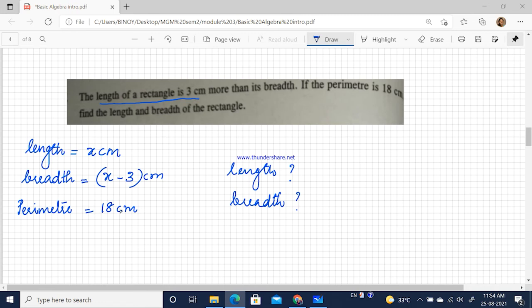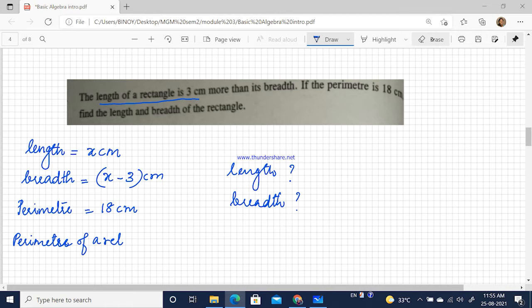The perimeter of a rectangle is 2 into L plus B. So what you have to do is 2 into the length, which is given as x, plus the breadth, that is x minus 3.